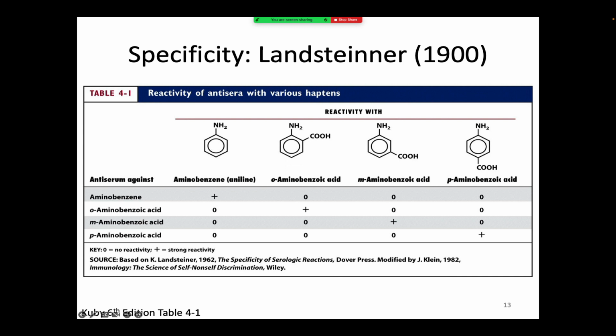Same thing. Each mouse only made antibodies against that specific chemical that it was given. So we see two things here. One, another demonstration of the massive specificity of the adaptive immune system. And two, the fact that we can get antibody responses against anything.